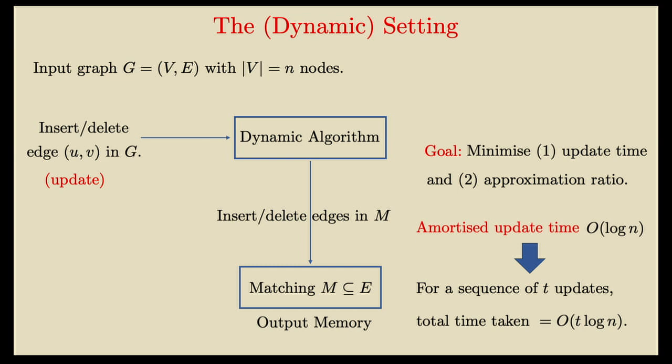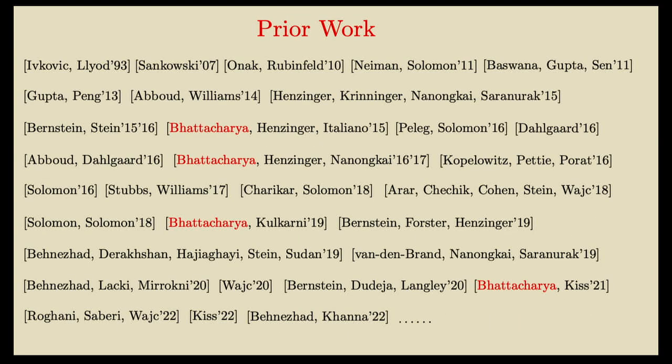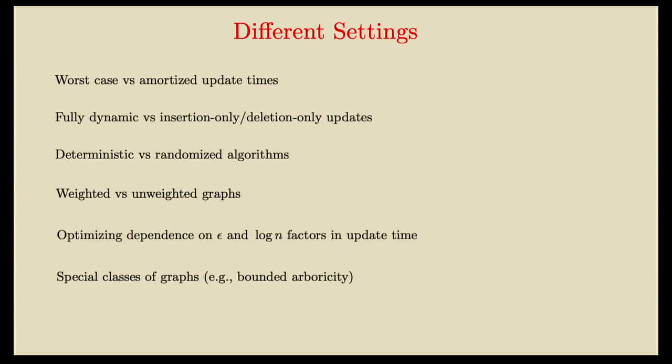Okay. So, what is known about this problem? Well, this is not even a complete list of work that has happened on this problem, let us say in the past 10 or 12 years. So, I have still missed out on a few of the citations. Now, of course, it's beyond the scope of this talk to describe each of these results, but let me just try to say why there are so many papers studying the dynamic matching problem in recent years. Well, one reason is you can consider various different trade offs.